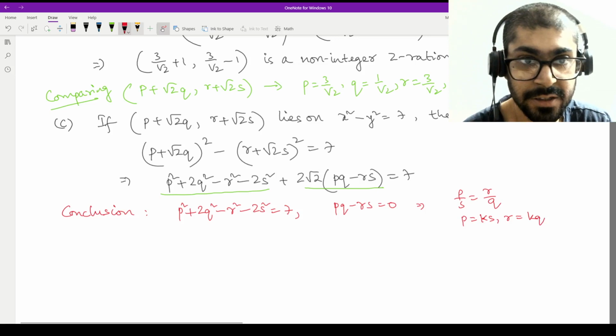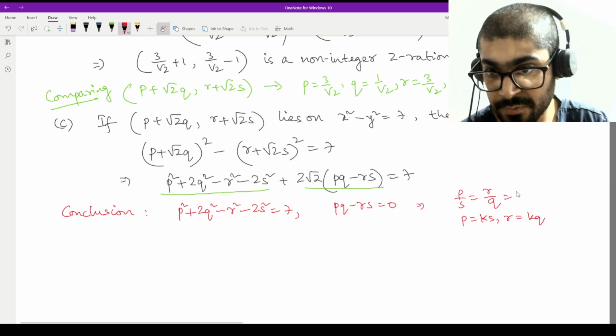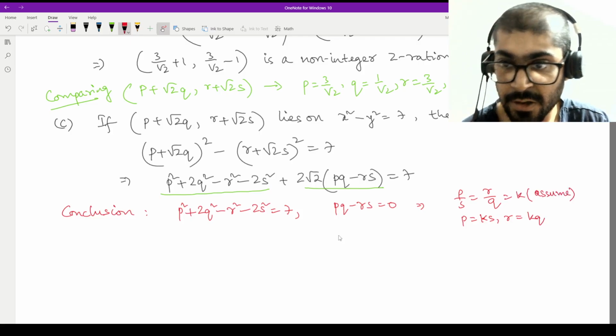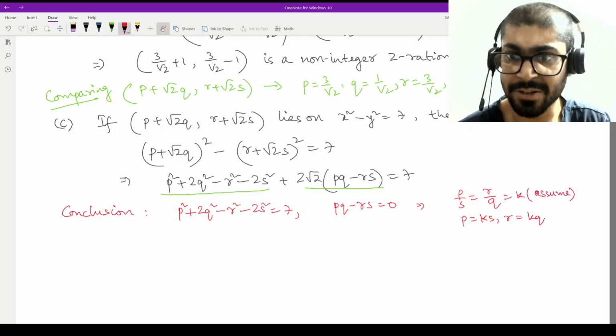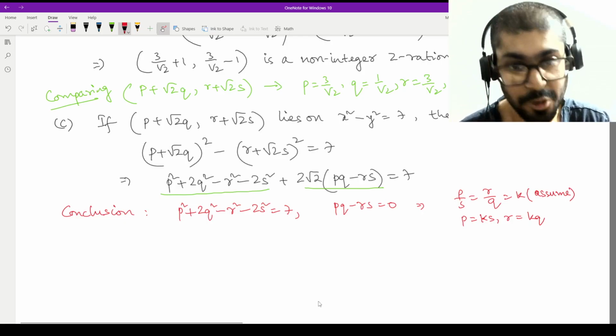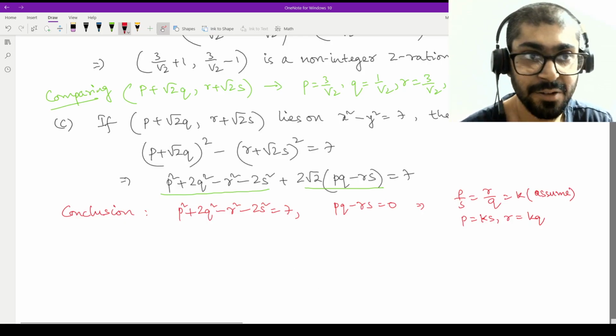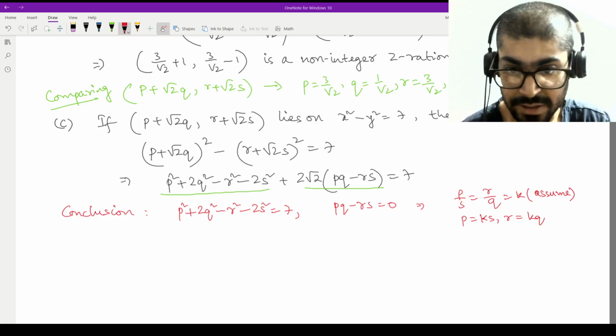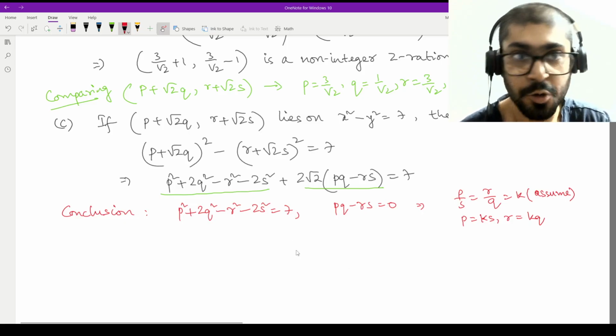Why? Because I just assumed it to be k. I can do that thing with ratio constants. So p equal to ks, r equal to kq, and now we put this entire thing within that first equation, which we have equated to 7.